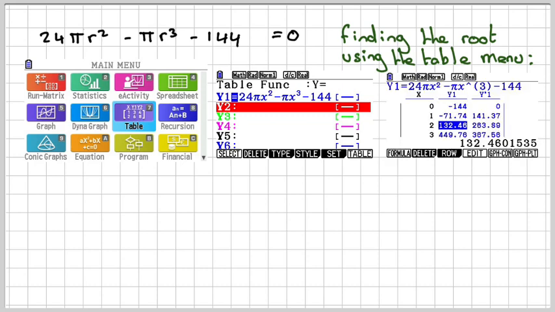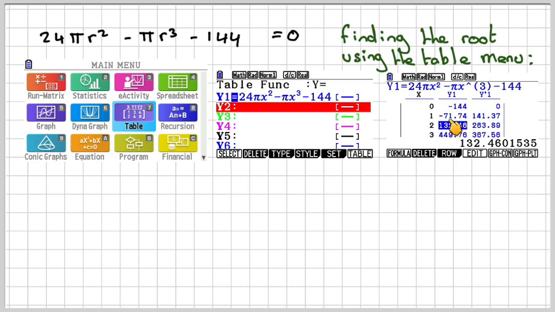And then I need to set the table up properly. So I need to set the table starting from some value like minus 1 and go up to about 12, with a step of 1. I can see from here to here that there is a change of sign. This is negative on this side and positive on this side.